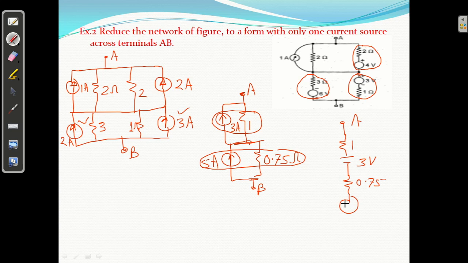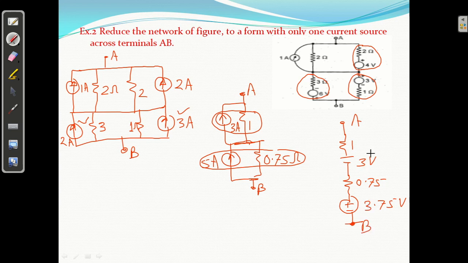And V equal to what? I into R, 5 into 0.75. I am getting 3.75 volt.